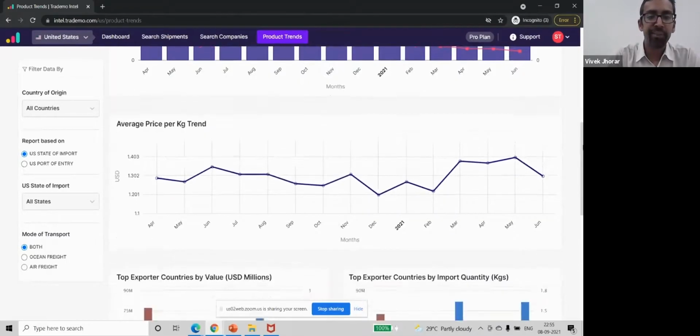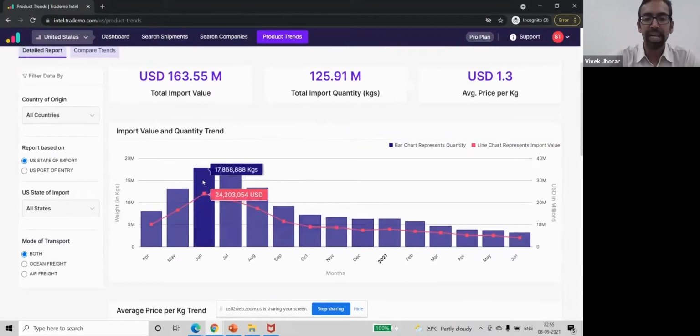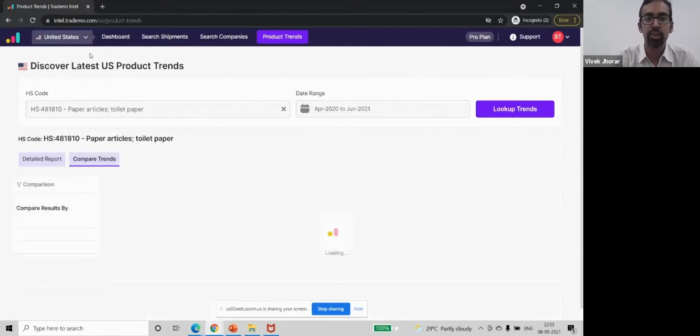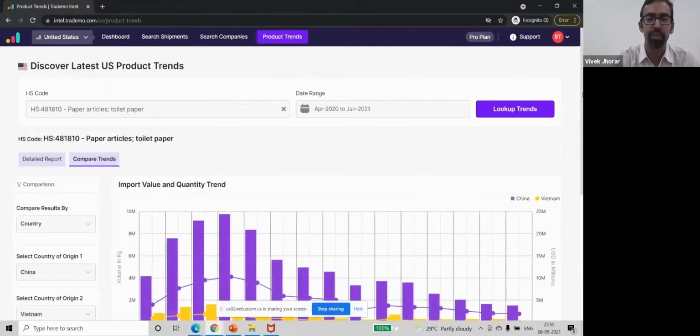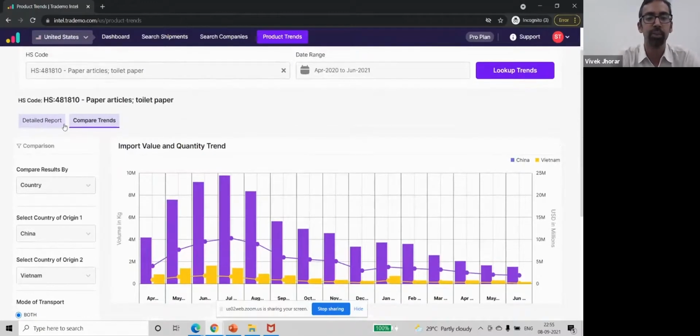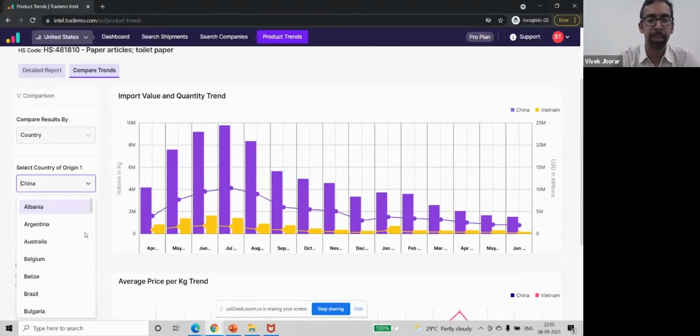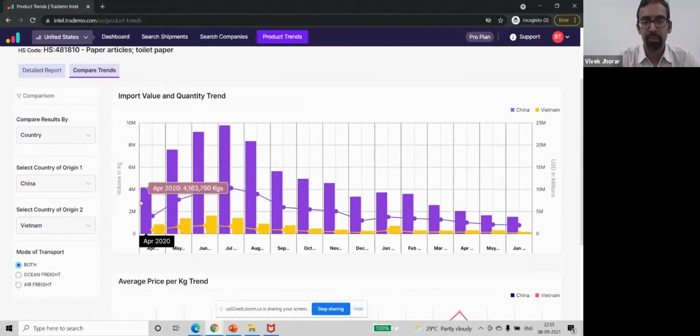Now let's see, if you were there 12 months ago in that period, what you would have done. So there is a tool here which shows you can compare trends. So I'm going to look at how these different countries compare when you compare China versus Vietnam. If you see, when China's share was rising, Vietnam's share was rising as well.